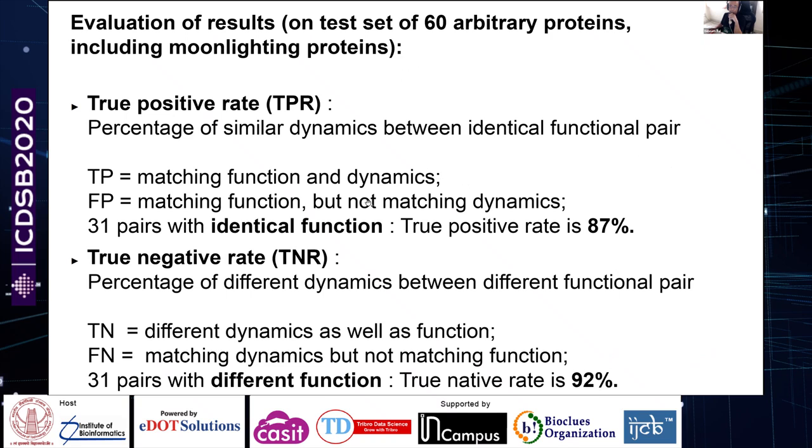And what was encouraging for us was that when we found out the true positive rate, it was 87%, and the true negative rate was 92%. So with this, we established a framework where we knew that we could work more with this method.